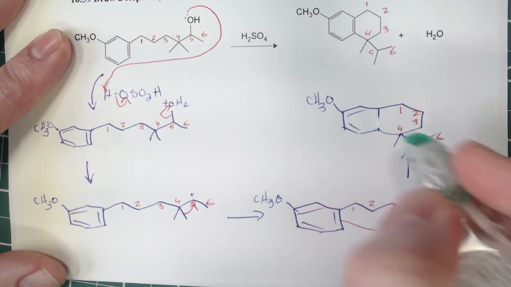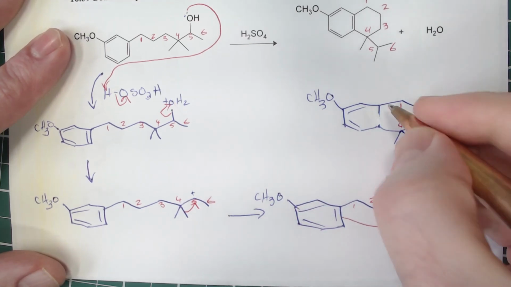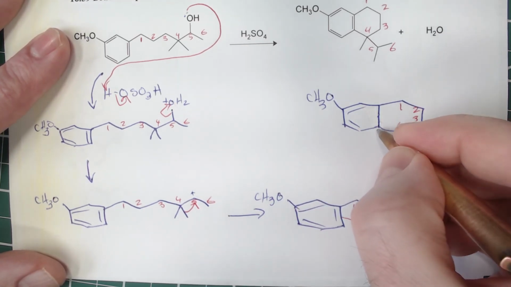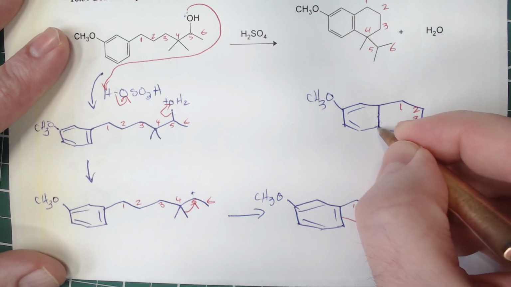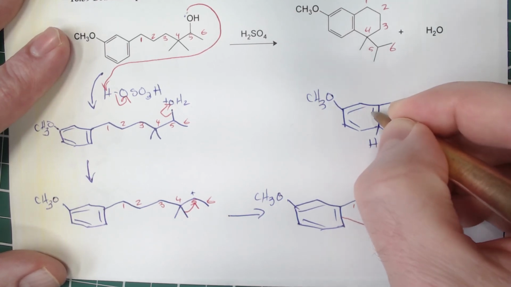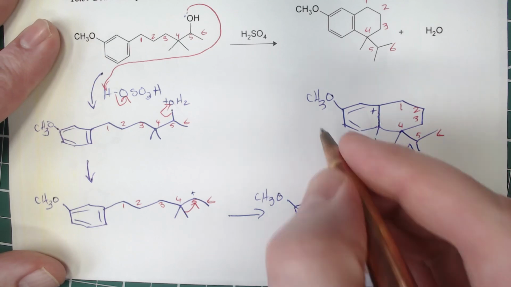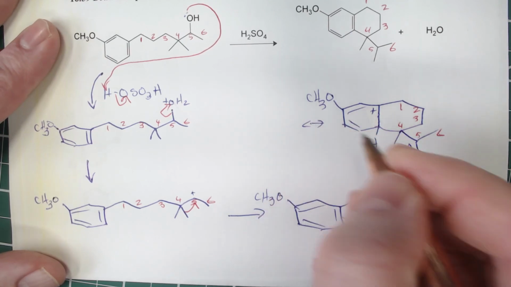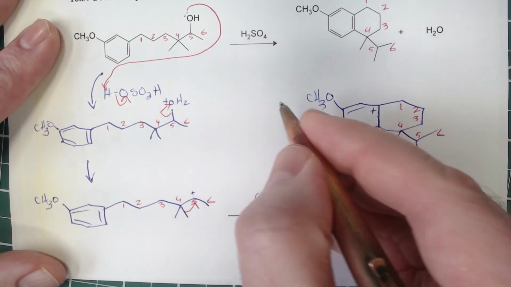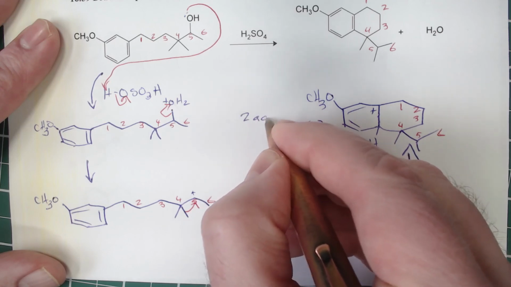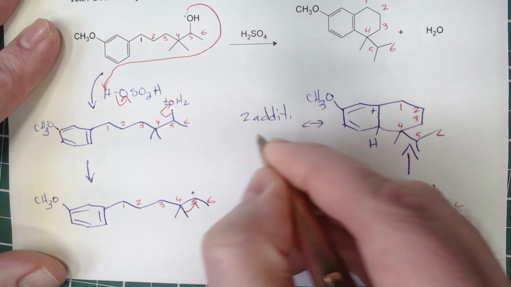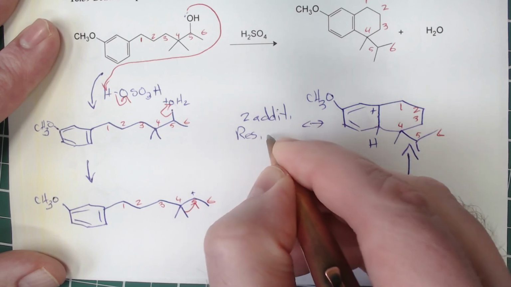I wanted it to be the intermediate. So we do have a hydrogen that is there and a positive charge that is there. Now I'm going to draw the resonance structure. I'm not going to draw the resonance structure. I'm going to put that there are two additional resonance structures.